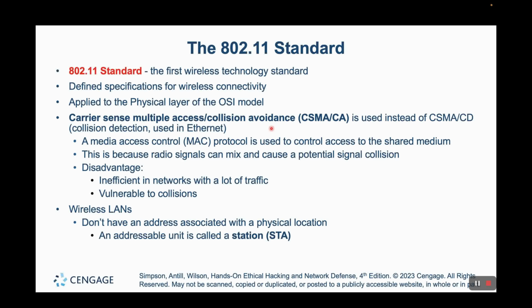If the medium is sensed to be idle, quiet, the device can transmit its data. However, if the medium is sensed to be busy, the device will delay its transmission and wait for a random amount of time before trying again, which is completely different from Ethernet, where they use collision detection.